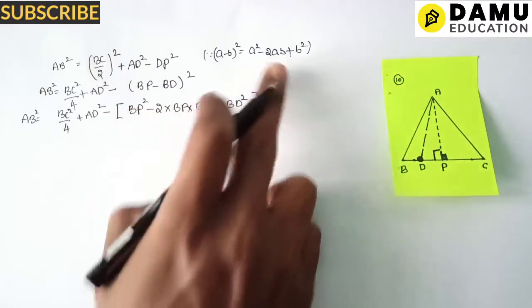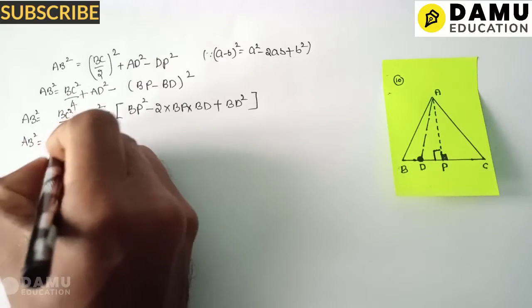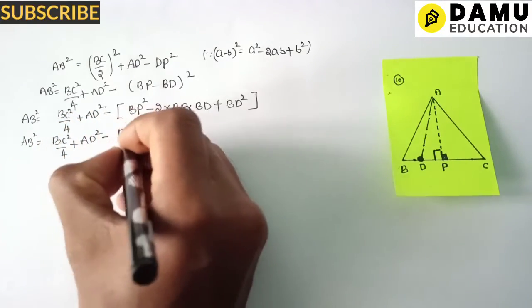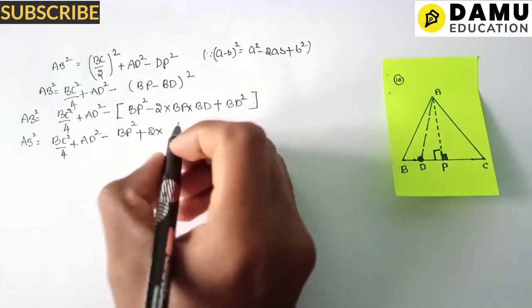So this is the formula we applied here. That is AB square equals BC square by 4 plus AD square minus BP square, minus into minus will become plus 2 into BP.